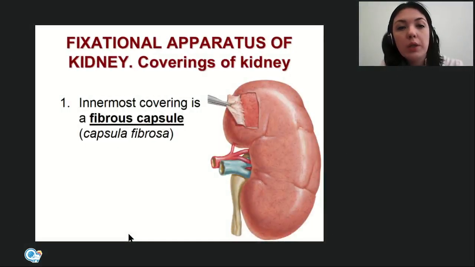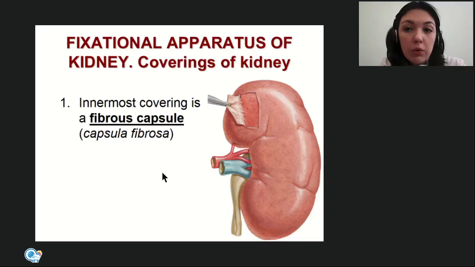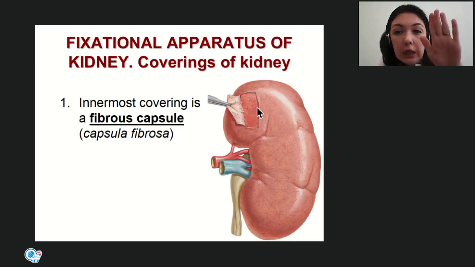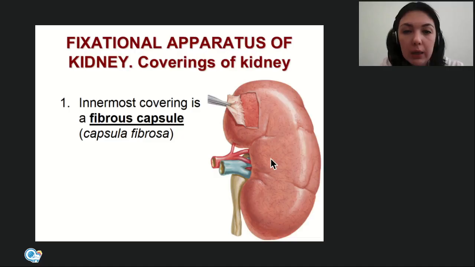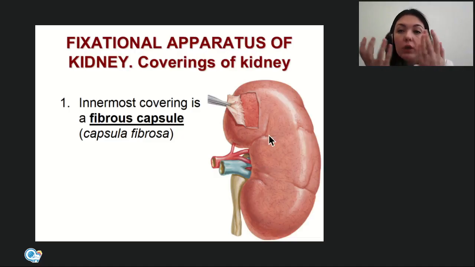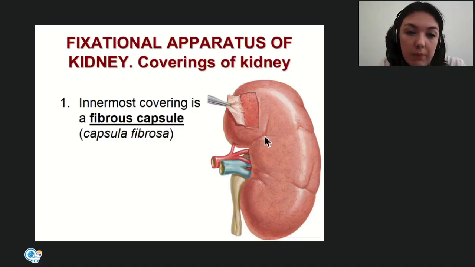The second point of fixational apparatus of kidney is its coverings. There are 3 coverings of the kidney, and the innermost covering is a fibrous capsule, capsula fibrosa. We can see it easily in our specimen. It is formed by connective tissue, and it adjoins kidney parenchyma, so it covers the kidney from all the sides.